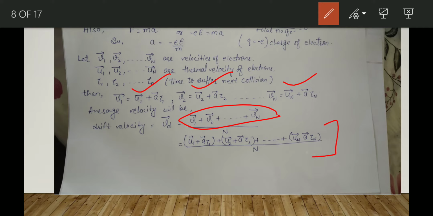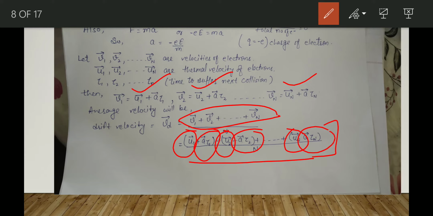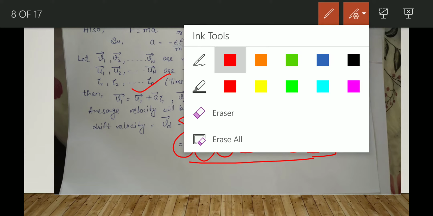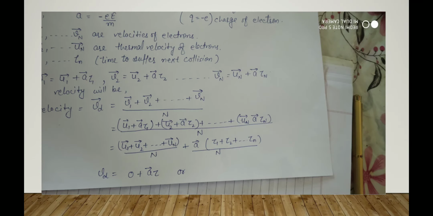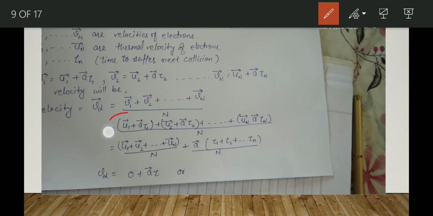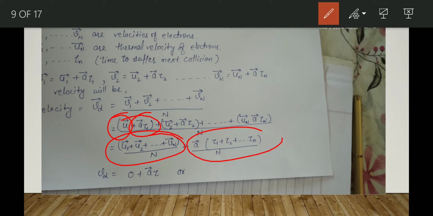From this we can do the next step: we will separate all the U and we will separate all the aτ1, aτ2 up to aτn separately. We have separated all U's and all aτ together. As we have already discussed, this is the average of thermal velocity, so it becomes 0.